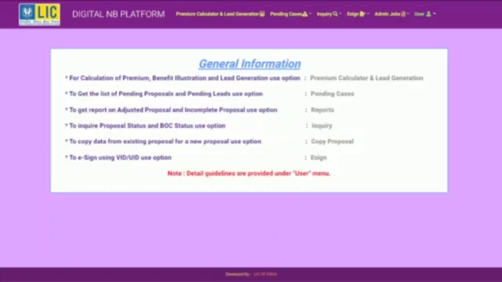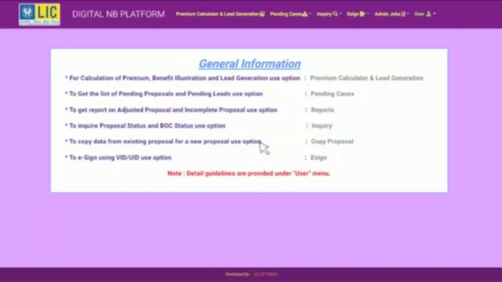To e-sign ACR, click on Admin Jobs. In case you need to resend a proposal validation link to your customer, click on Admin Jobs. And to understand the detailed guidelines, click on User. The first premium receipt can be generated and resent through the above options.